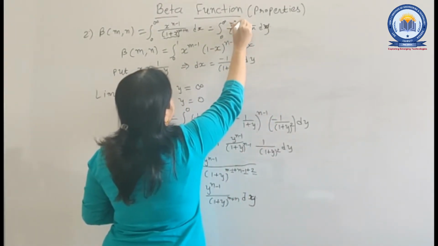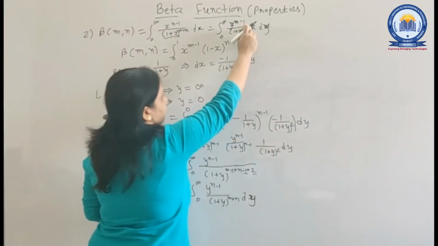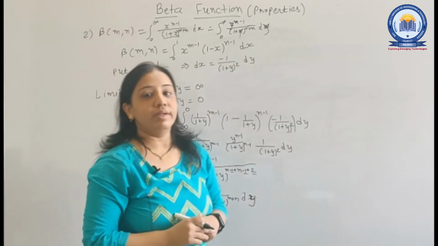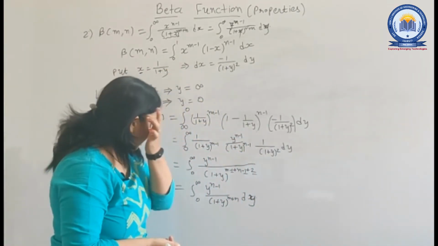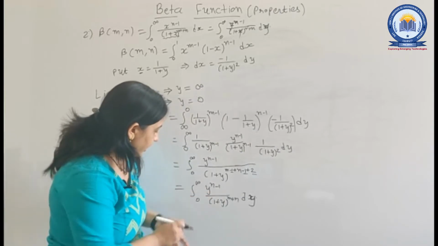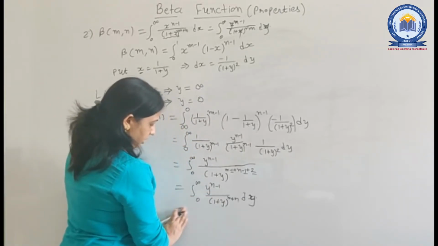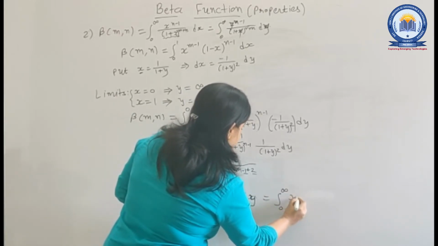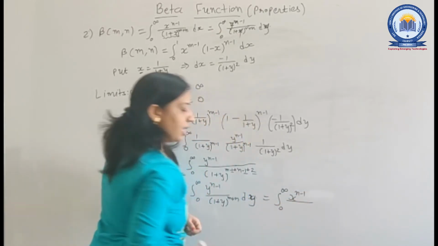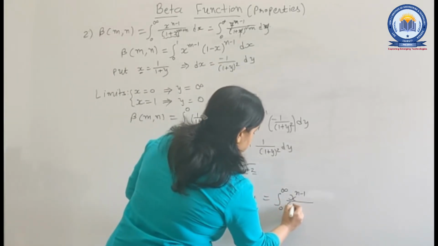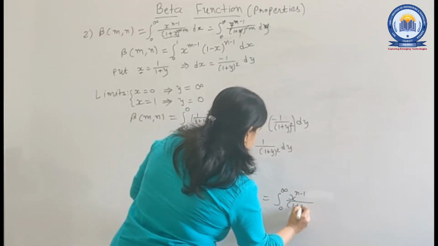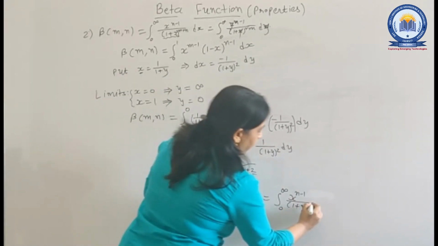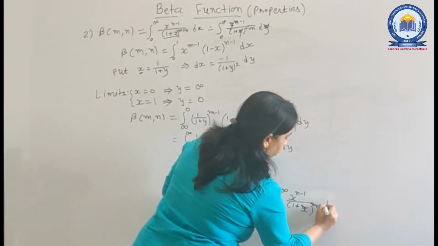So the second equation. That means instead of y, you can write down x. That is the basic one. So rewrite it: the integral from 0 to infinity of x raised to n minus 1 upon 1 plus x raised to m plus n, and dx.